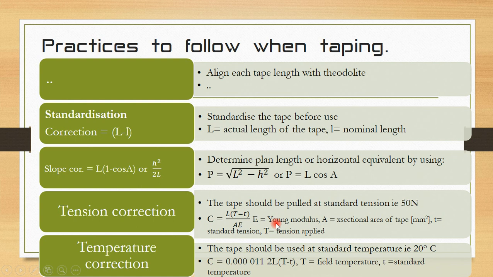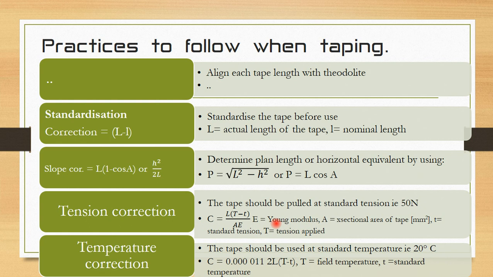Okay. Another area of concern is the tension. Supposing that you are not measuring on the ground, but you are suspending the tape. If you are suspending the tape, it means that you're supposed to pull the tape, because that tape will have the influence of the gravitational pull. So you may need to straighten your tape.